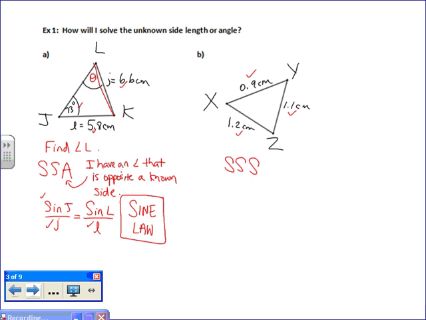And without any angles, I can't use sine law. So I will use the cosine law for this question. Okay, to solve.